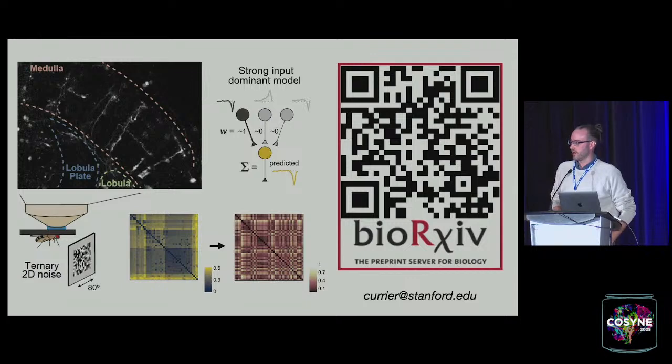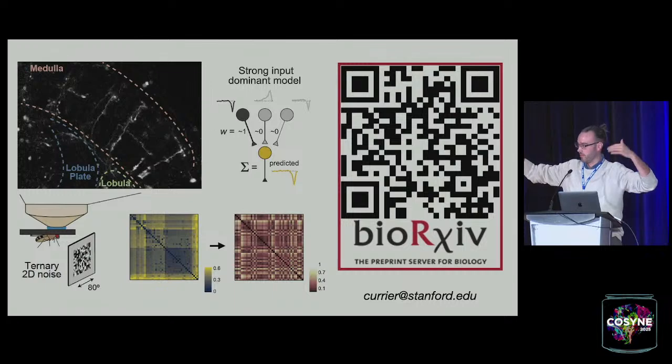In the space of other interesting tests we could do, we could start with the data and ask: can we train a model to see what connectivity pattern would actually provide the pattern of activity that we see across the medulla, the optic lobe in general? Then we look at the places where the connectivity from that optimized case fails to match the actual connectivity in the connectome. I think we can start to build more insights about why this is failing the way it is. Cool, thanks a lot.